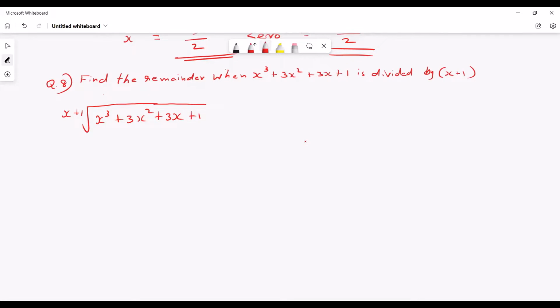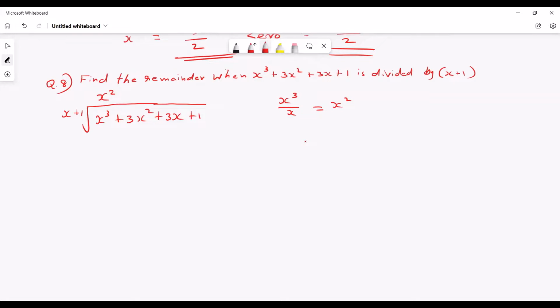Now divide this x cube by x. So we will get x square. So x square is the quotient. So x square we are writing here.